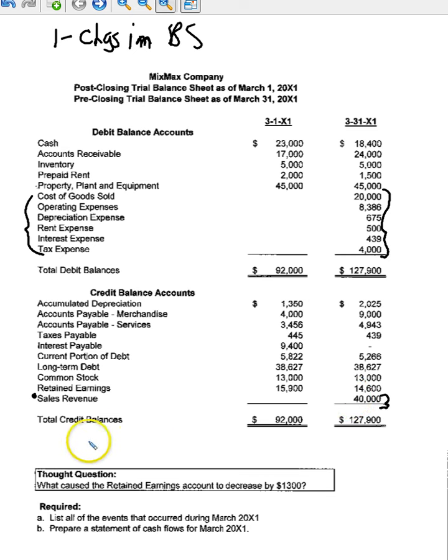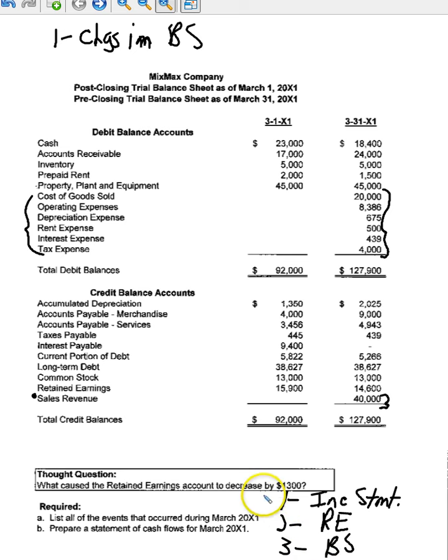So really getting started, the first thing that we want to do is write out the financial statements. The first financial statement you're going to write out, as always, would be the income statement. And then if you polish that off, you've got the statement of changes in retained earnings. And then finally, we write the balance sheet, correct?